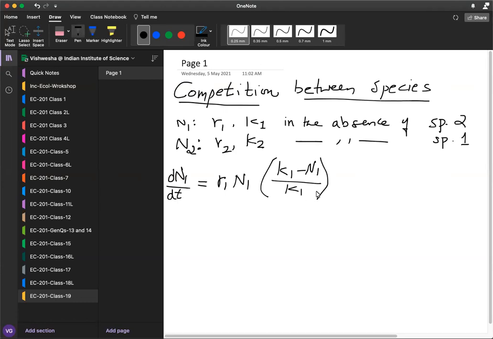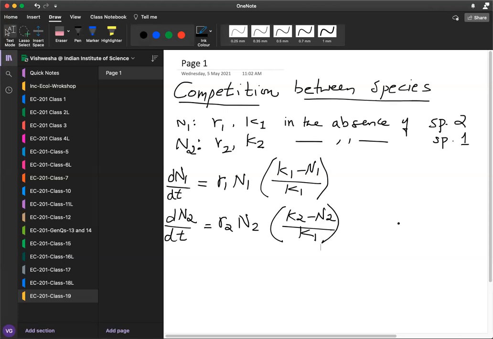Likewise, species 2 also reaches a carrying capacity K2, whose intrinsic growth rate is R2, in the following form. So these are the equations when species 1 and 2 are on their own, in the absence of the other. Now, how do we incorporate competition between them?